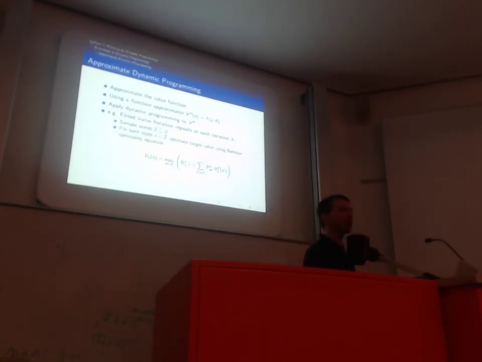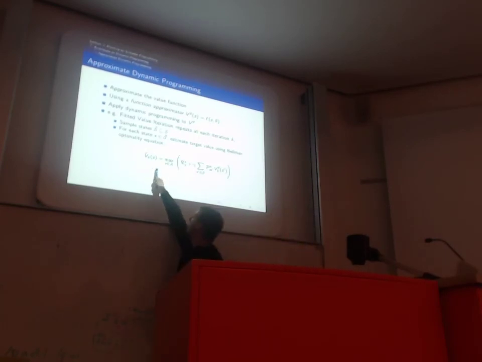And for each of those states in our samples, we're going to look at what would have happened under our Bellman equation. We look one step ahead using the Bellman equation, and that gives us some target values. This is as if we applied our Bellman equation one step using our current estimate of the value function.